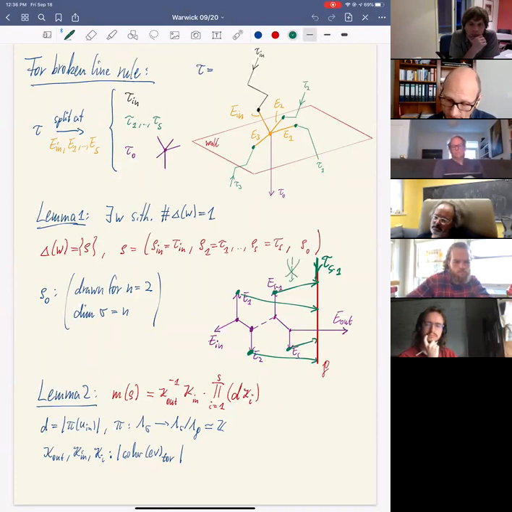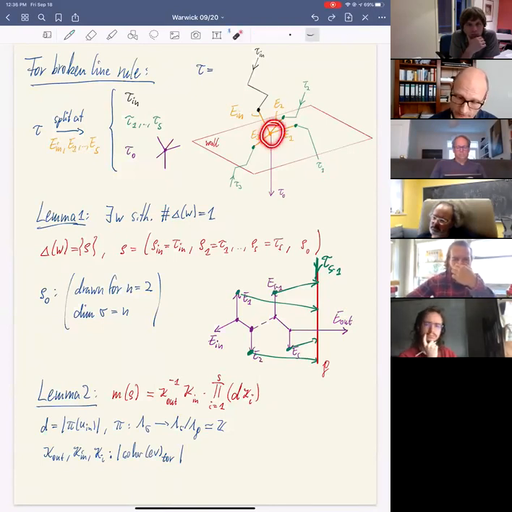So the only way you can fulfill this gluing condition is that you split this type of your central curve, this tau 0. And tau 0 can be easily split.